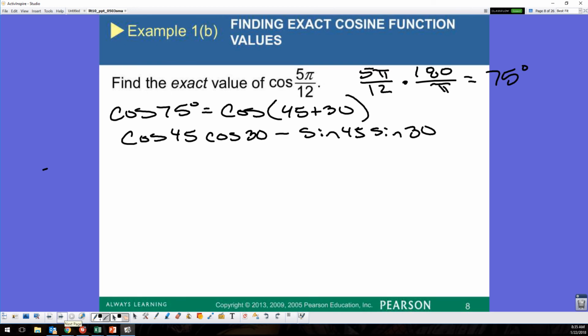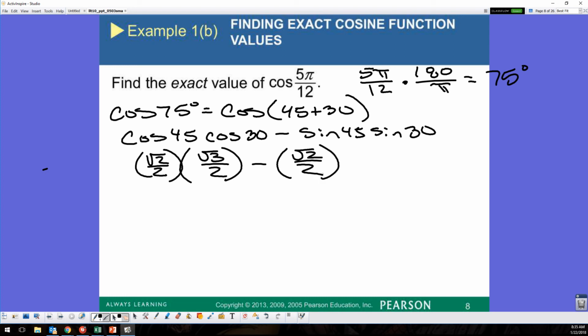Alright, so for this case right here, let's take a look. Cosine 45 is going to give me rad 2 over 2. Cosine 30 is rad 3 over 2 minus sine 45, rad 2 over 2, sine 30, 1/2.